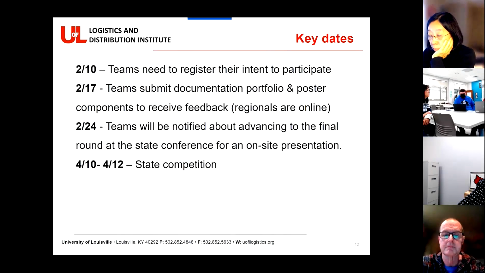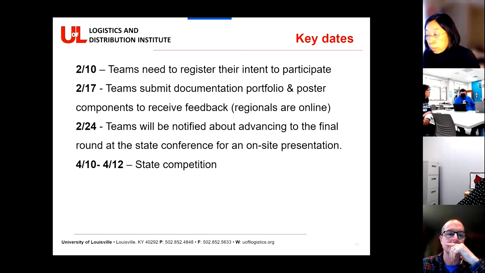So some of the key dates for you to be aware of. February 10th, we're asking teams to register their plans to be involved with the competition. On February the 17th, we're asking you to submit your portfolio and poster, and we will provide written feedback from the judges to each of the teams, and you can take that feedback and make changes within your report as well as in your display for the state conference.